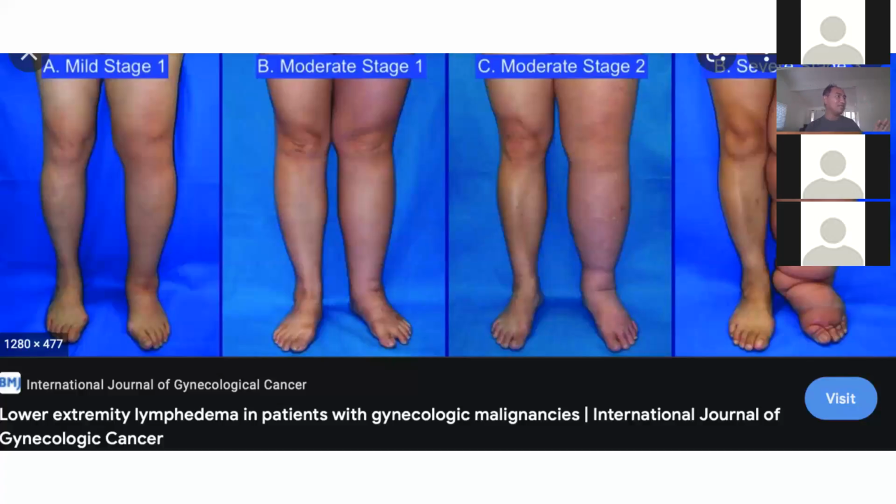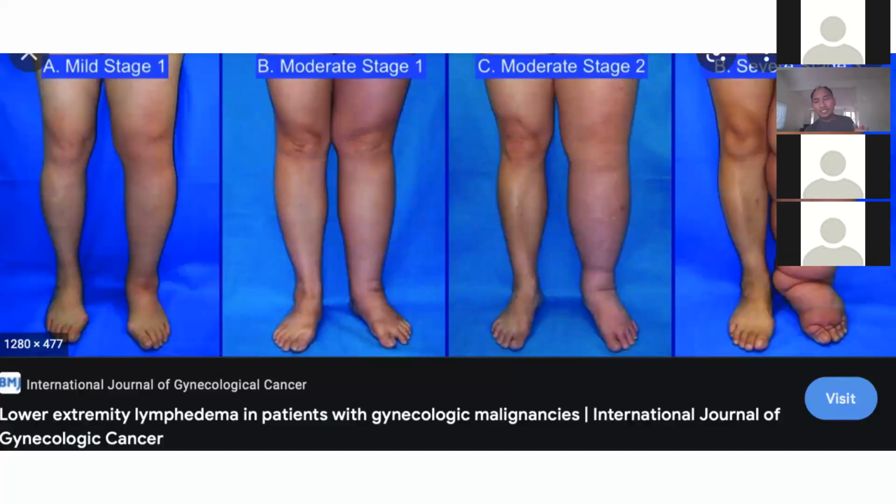That is different from lymphedema. This is a problem of the lymphatic system, and you can see it is more of a unilateral problem. For example, with cancer and axillary lymph node dissection in the axilla, it is usually only on one side, or if the operation is on the groin lymph nodes, it is usually one side.